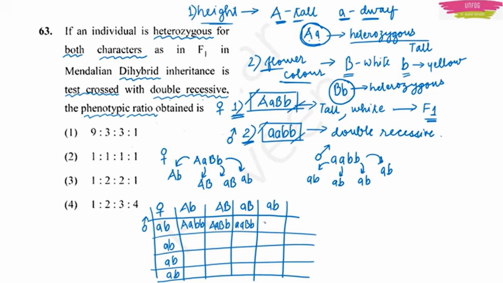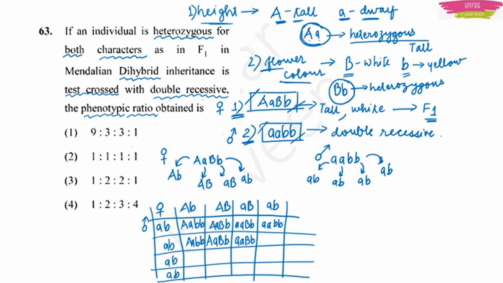Then again we have small a, small b, small b. Then next we have to cross with this character and this character. Capital A, small b, small b. Then again we have capital A, capital B, small b. Then again we have small a, small a. Then capital A, capital B, small b.